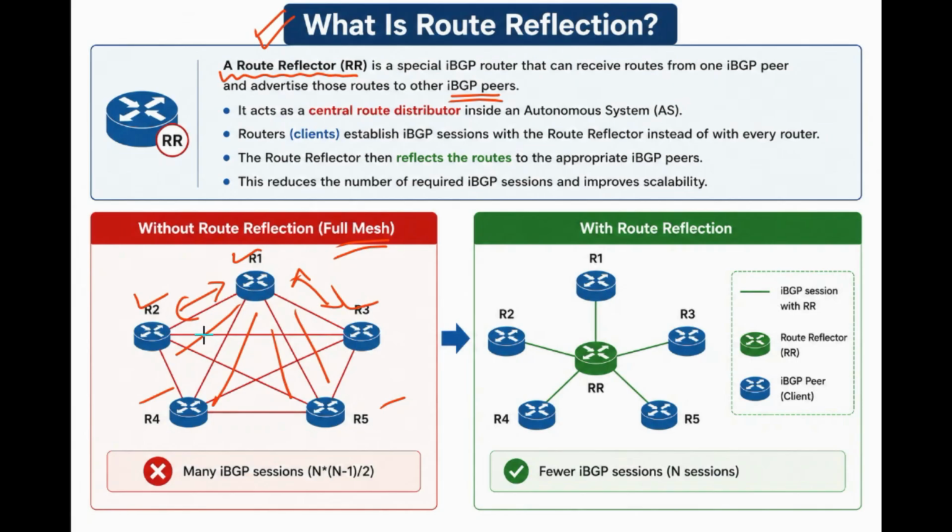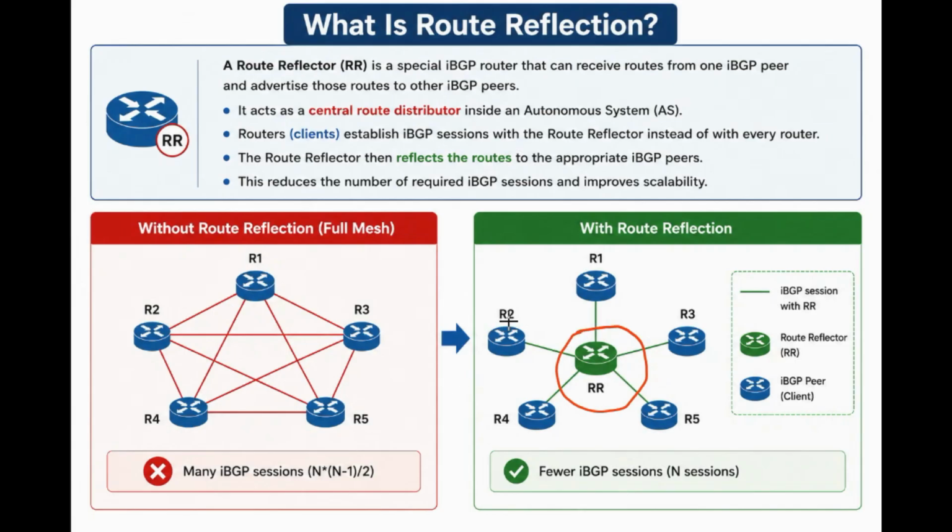A route reflector solves this problem. Instead of creating an iBGP session between every router, we designate one or more routers as route reflectors. Other routers establish their iBGP session with the route reflector. The route reflector receives a route from one client and can then reflect that route to other appropriate iBGP peers.